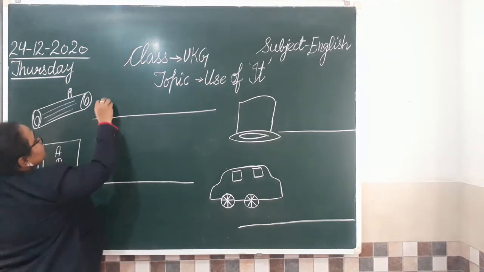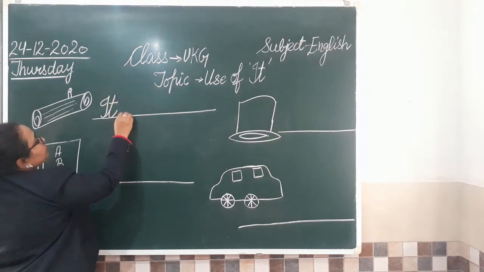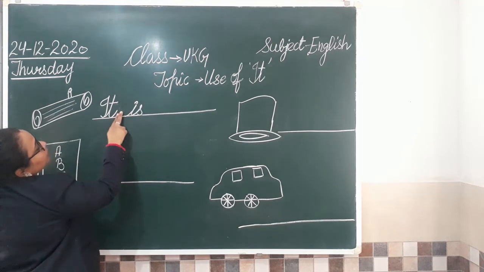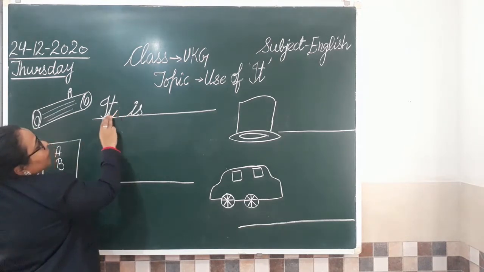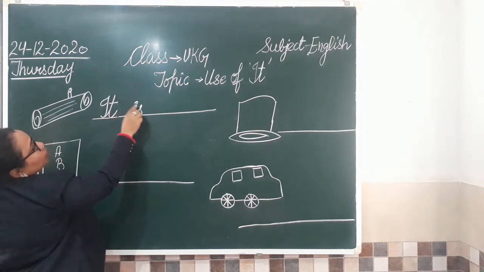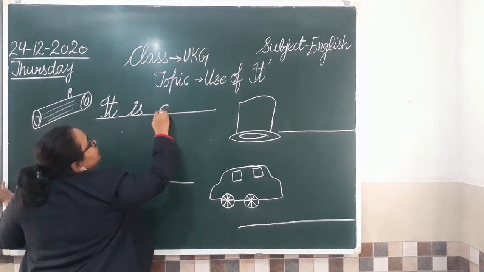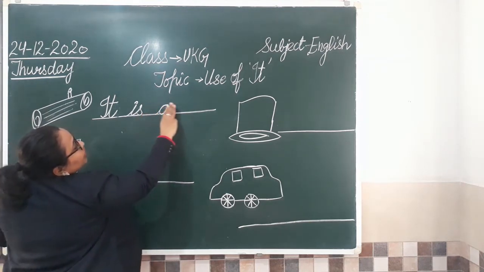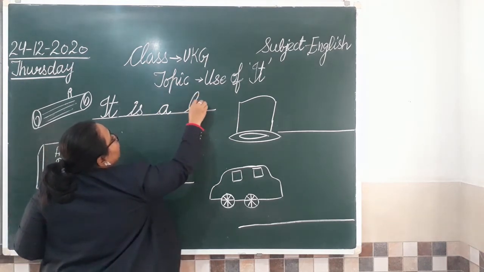We'll write it is. अब देखो इन दोनों लेटर्स के बीच में मैम ने मिनिमम 3 फिंगर्स का गैप रखा है. तो आपको भी अपनी 3 फिंगर्स का गैप रखना है दो वर्ड्स के बीच में. It is. Again 3 fingers gap. फिर से 3 फिंगर्स का गैप देके आप लिखेंगे लॉग.